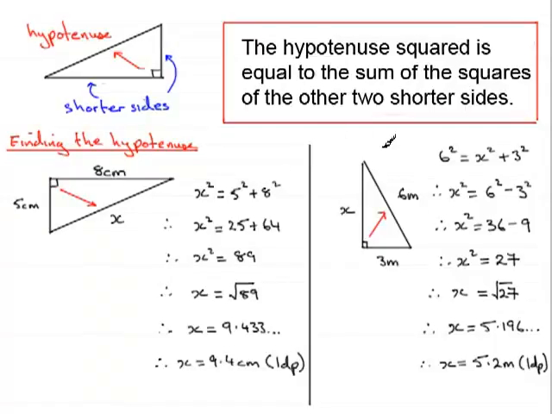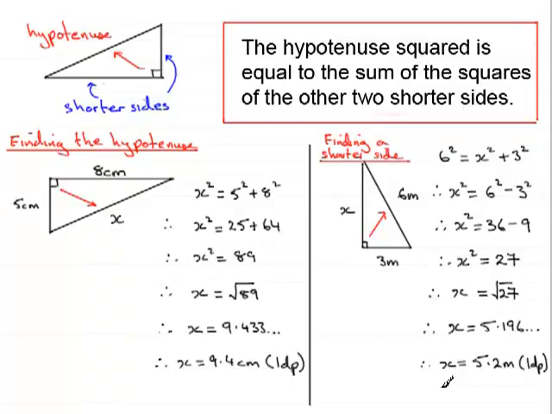But in this example, what we were doing was not finding the hypotenuse, but finding a shorter side. So just squeeze that in there, finding a shorter side. And so you've got to be very careful with this type of example. Remember, the hypotenuse squared equals the sum of the squares of the two shorter sides, or you could start with x squared, but remember, x squared equals the hypotenuse squared minus a shorter side squared.